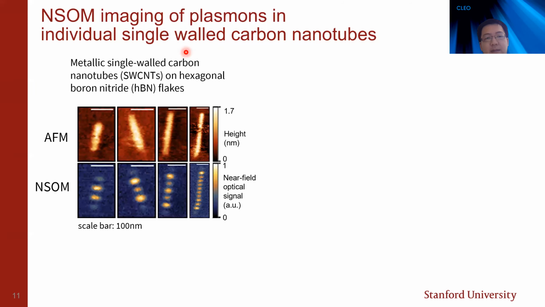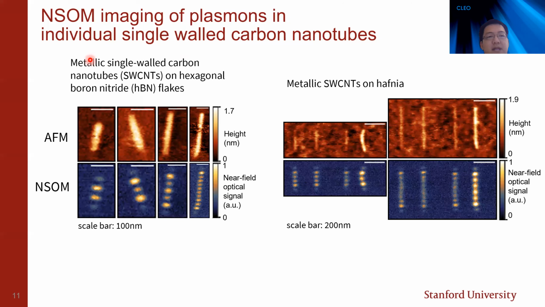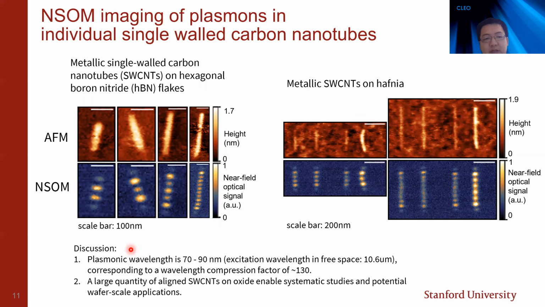So here are some data. We study metallic single-wall carbon nanotubes on hexagonal boron nitride and on hafnium oxide. We can see this beautiful interference on the individual tubes, and these tubes are only 1 to 2 nanometers in diameter. So the plasmonic wavelength extracted from those data is about 70 to 90 nanometers.